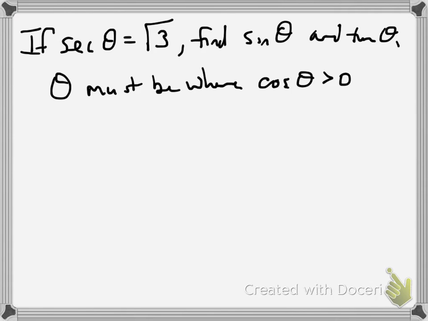So cosine is positive in quadrant 1 and quadrant 4.